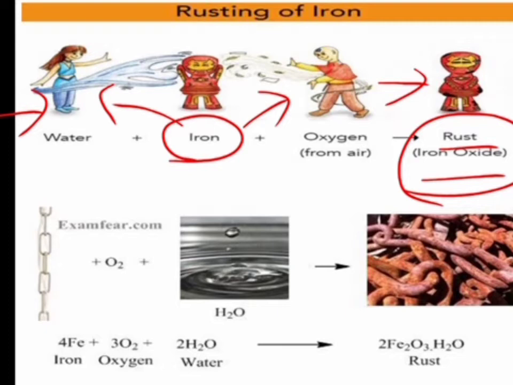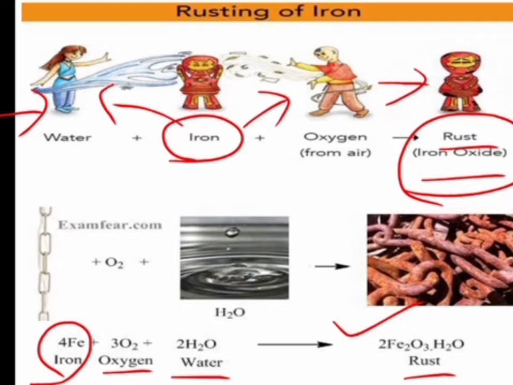This is also the same equation. This is iron, Fe, reacting with oxygen, O2, and water, H2O. It gives iron oxide or rust. This is the actual reaction which takes place to form rust.